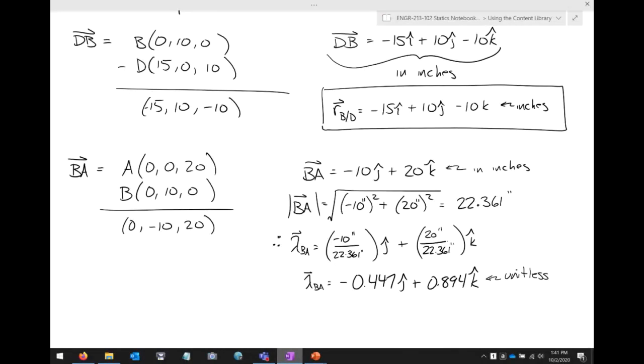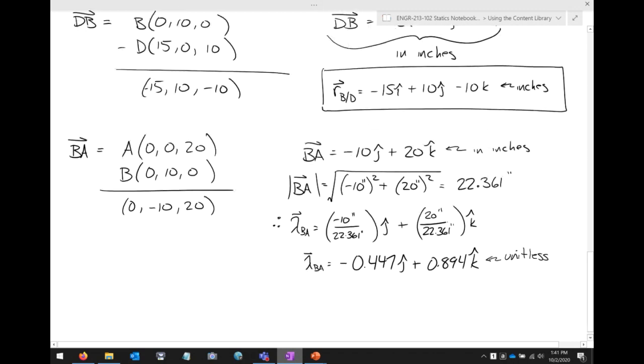All right. And then lastly, my force vector is going to be my force times lambda. Now, we're dealing with a 40-pound force couple, so my force is 40 pounds times this.